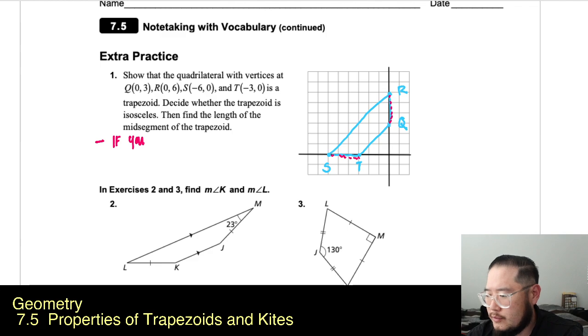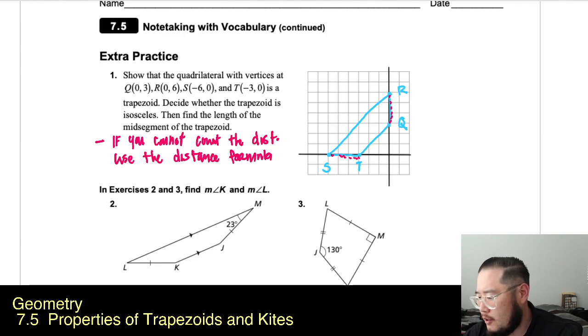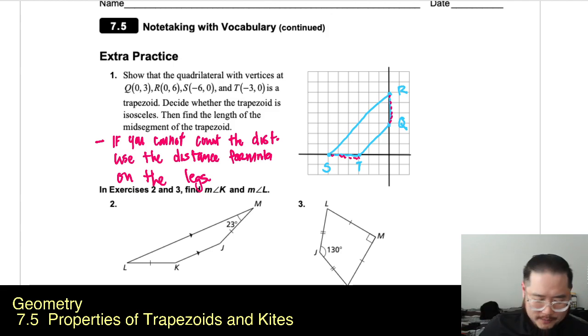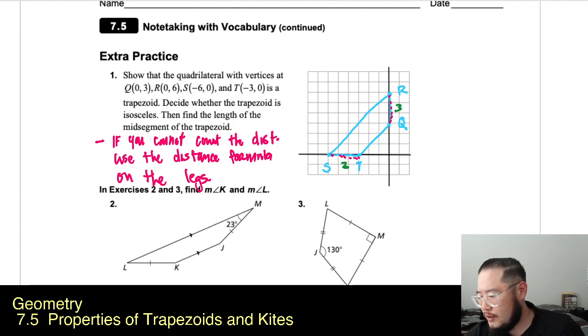Luckily, from R to Q, this is a length of 3, and S to T is a length of 3. So then we can decide that yes, this is an isosceles trapezoid.